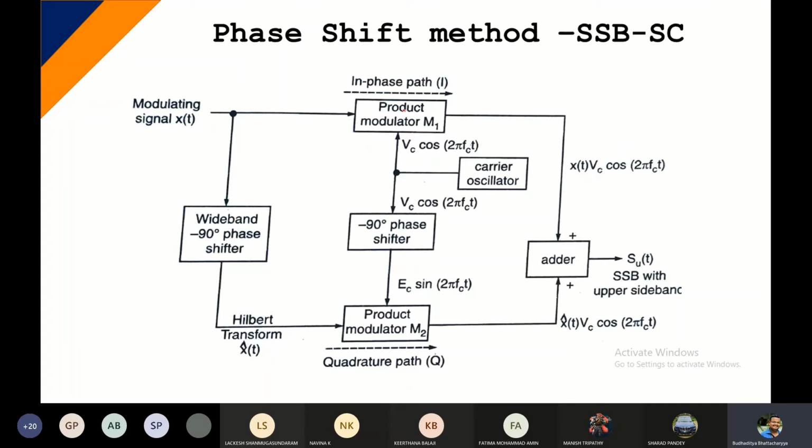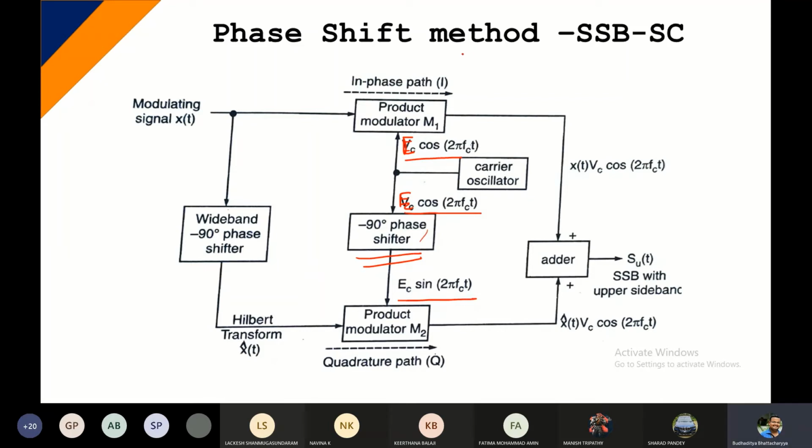So here what we are trying to do, this is the local oscillator carrier, which is generating the carrier, and it is getting 90-degree phase shifted over here as well. You can see Vc cos 2πfct is converted to Ec sin 2πfct. Ideally this should be Ec, because Ec is the amplitude. So ideally, we are multiplying both product modulators M1 and M2 by the carrier.